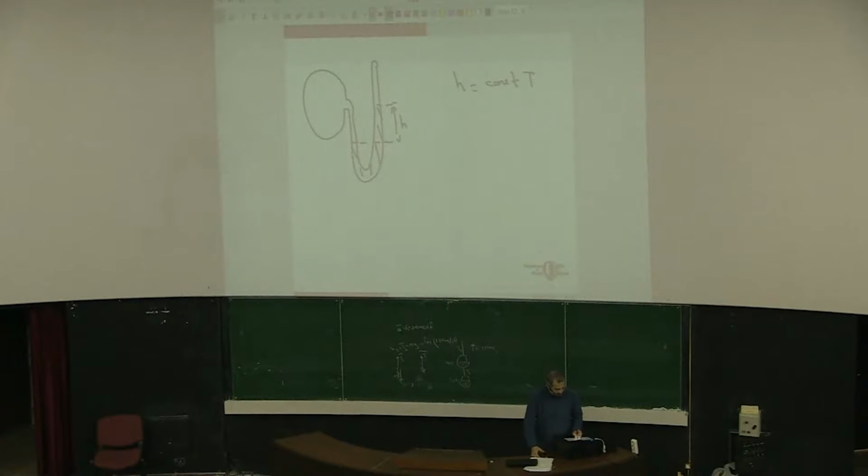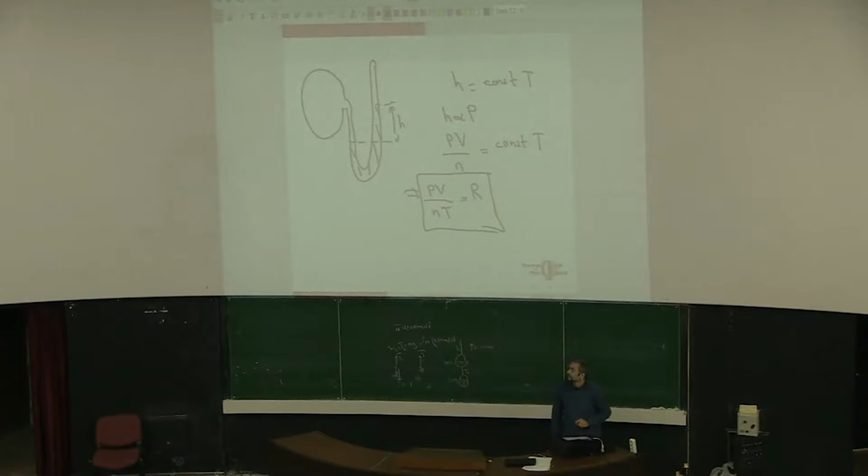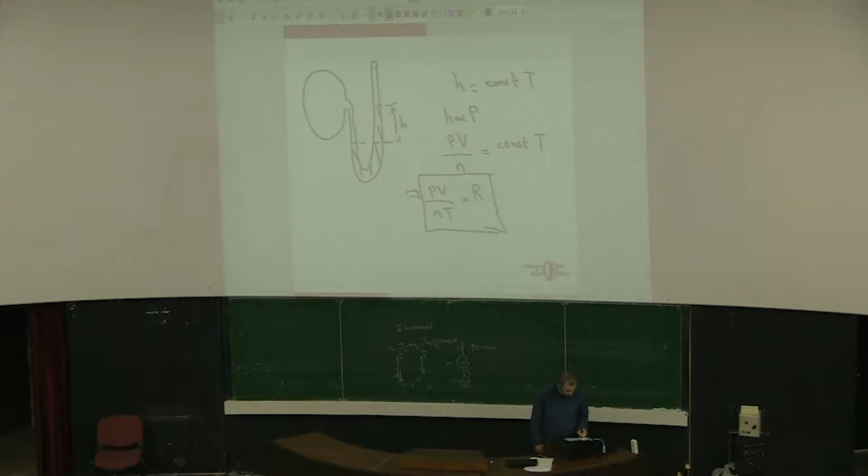But we also know that this height is nothing but a measure of the pressure of the system. So in a sense, since we assume that the volume is constant and the number of particles is constant, this ratio is some constant times the temperature, or PV over NT is equal to some constant which we will denote by R. So this is the ideal gas law we have.